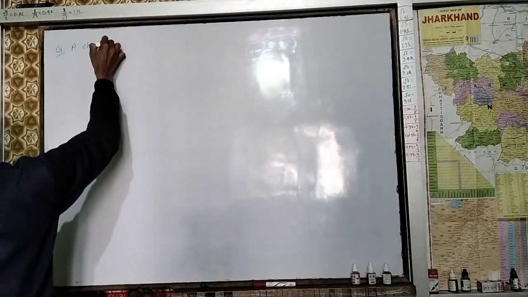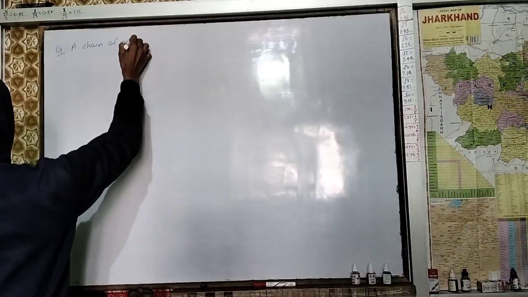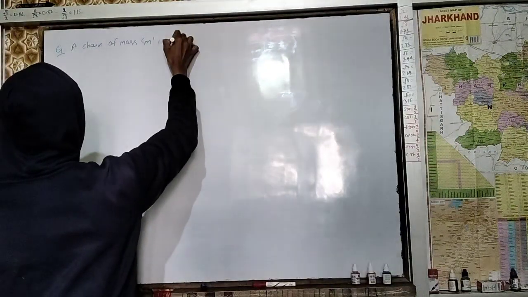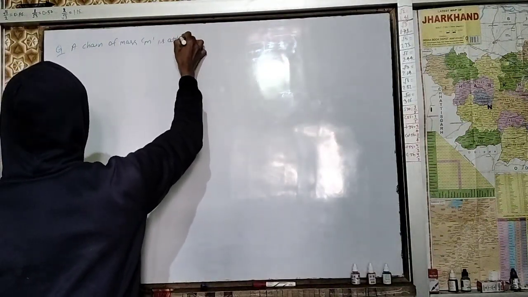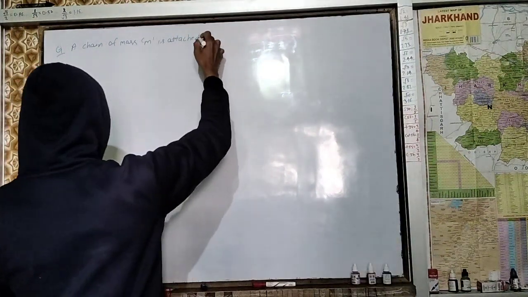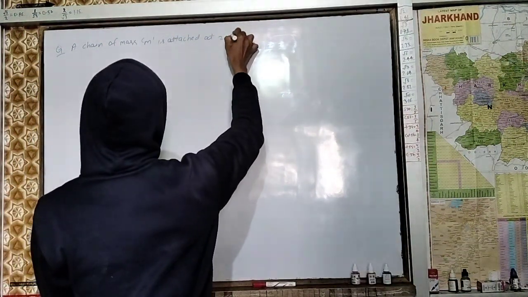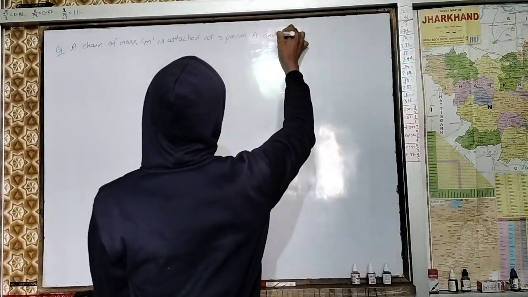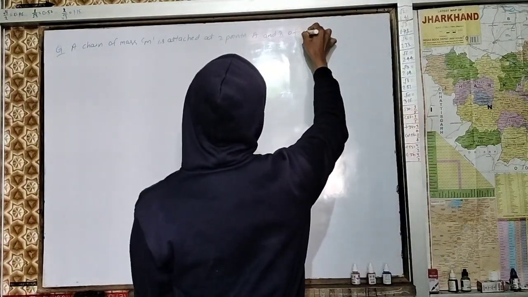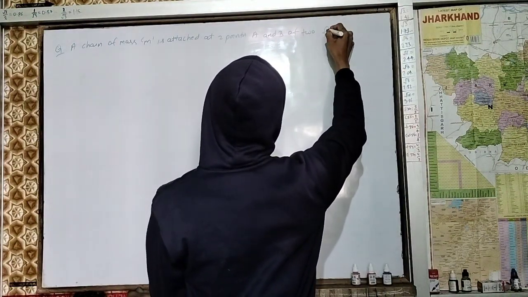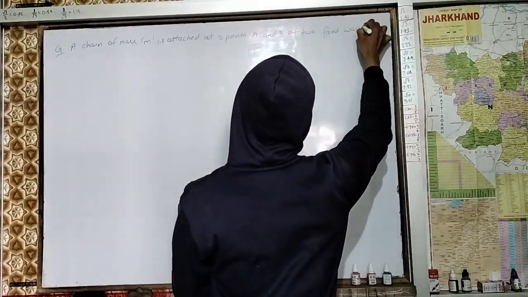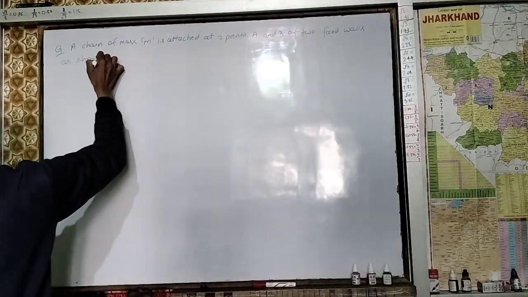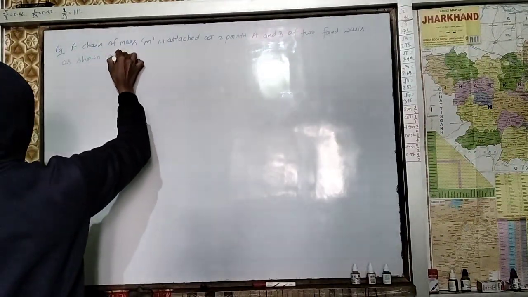A chain of mass M is attached at 2 points A and B of two fixed walls as shown in the figure.